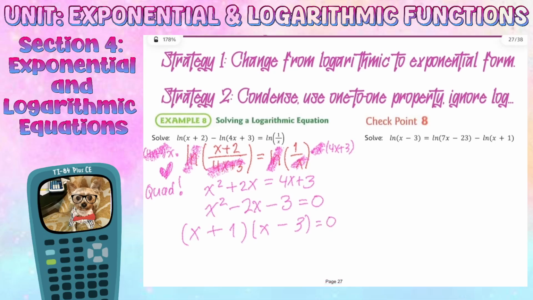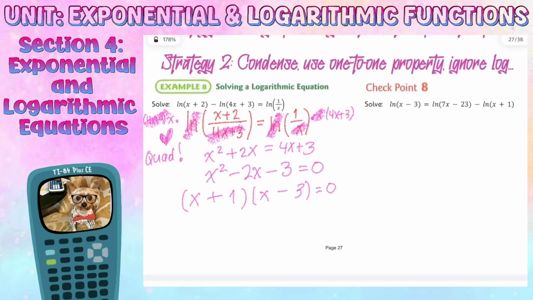Now we use what we call the zero product property. And from here, we will set each factor equal to 0. Only works when it's equal to 0. x equals negative 1. And x minus 3 is 0. So x is 3. Now check it back into the original.